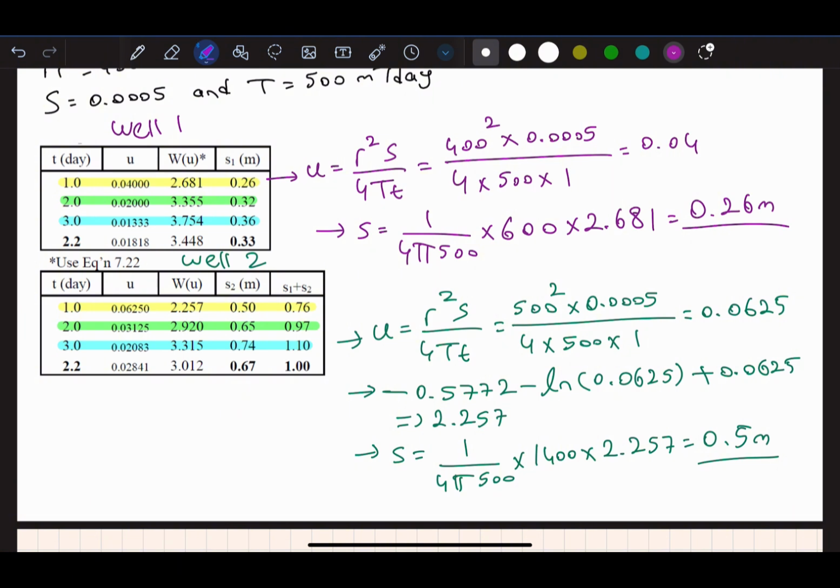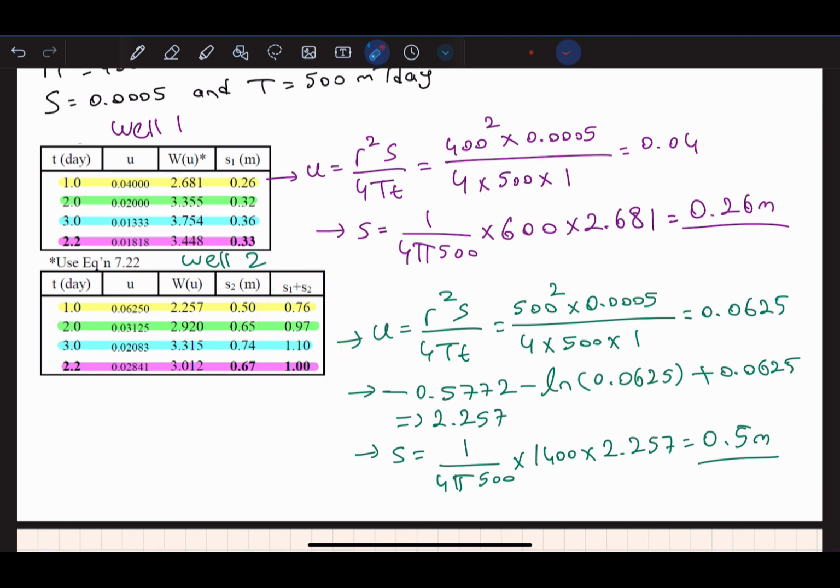When we do one more iteration, we could estimate something like 2.5, 2.3. But since day 2 was very close to 1, which was 0.97, we can estimate something like 2.2. And when we do this, we can directly get 1 meter as the total drawdown limit.